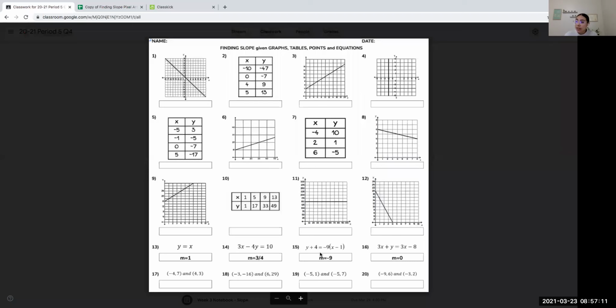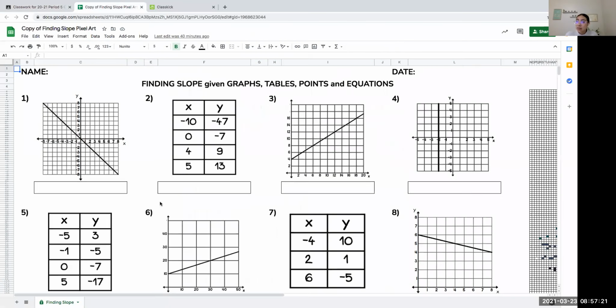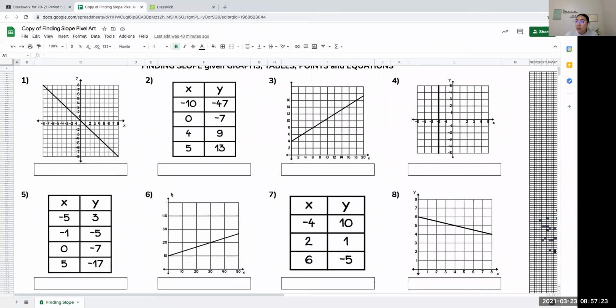Or the other option is to grab a piece of paper and a pencil and do your work on a separate piece of paper. That is because when we have this one here, there's no space for us to type or write anything. So it would be very helpful if you get a piece of paper or print out the screenshot.